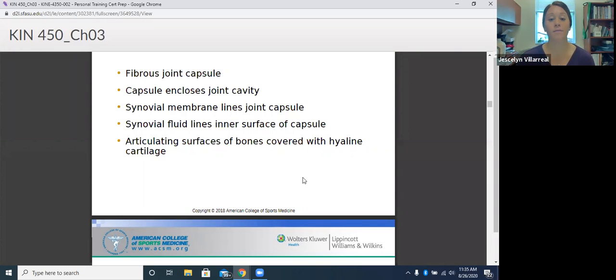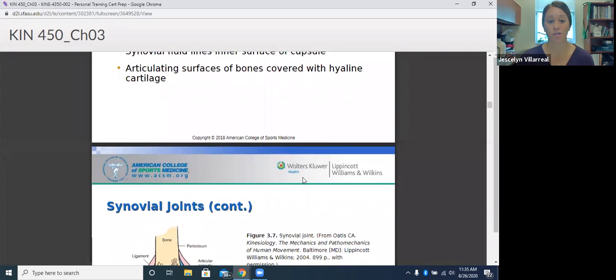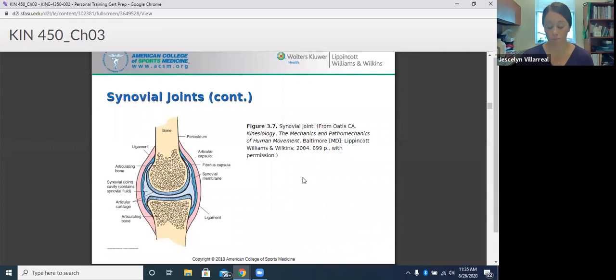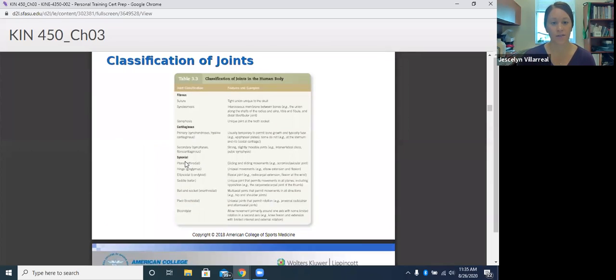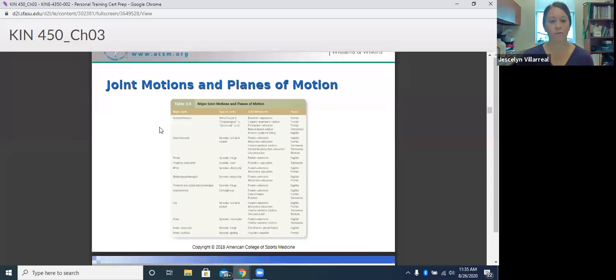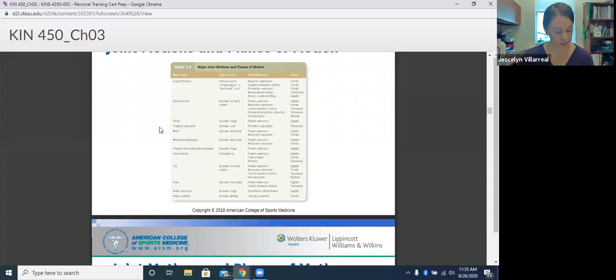Articulating surfaces of bones are covered with hyaline cartilage. Figure 3.7 is going to give you a picture of your synovial joints. Classifications of joints, diving a little bit deeper into each type, are going to be on table 3.3. And then we'll follow up with joint actions table on 3.4.